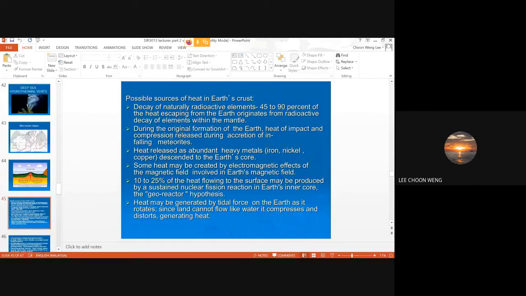So there are several theories or hypotheses about how the center of the Earth is so hot, that all of it is molten. Okay, some say it's because of the decay of naturally radioactive elements. Some say during the original formation it was because of the impact from falling meteorites. So these are all just hypotheses.